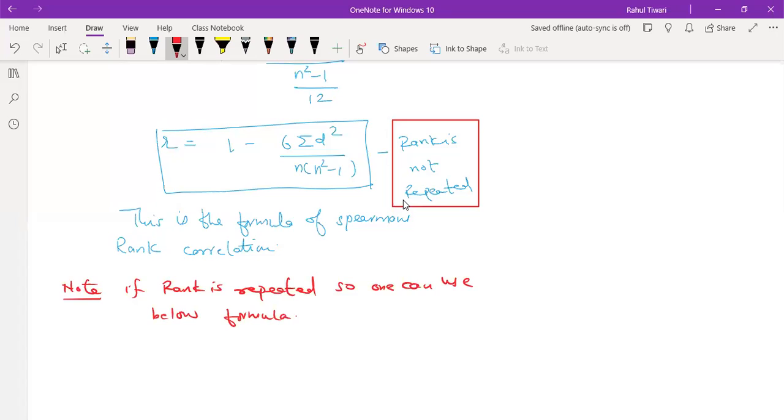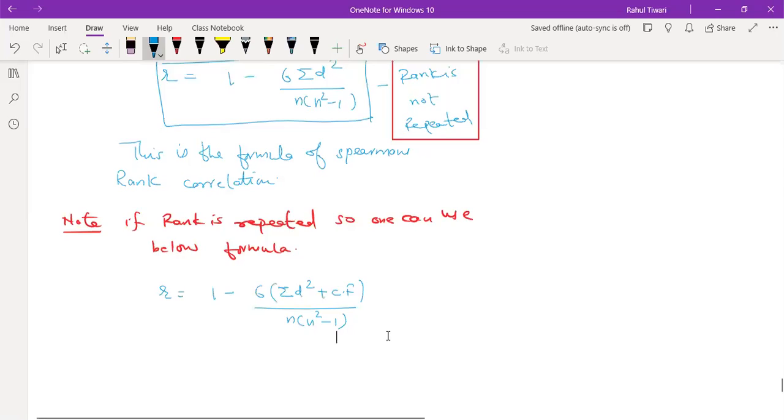What is the formula? r is equal to 1 minus 6 times summation d square plus CF, upon n square minus 1. What is CF? I will tell you.